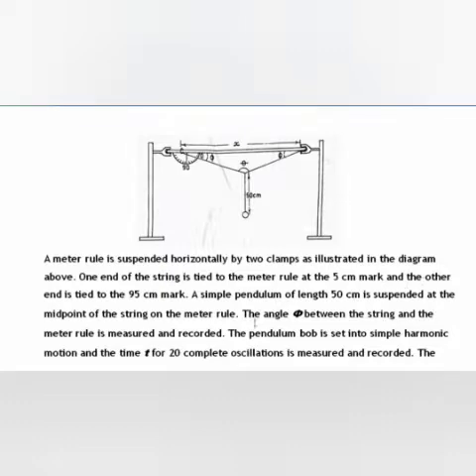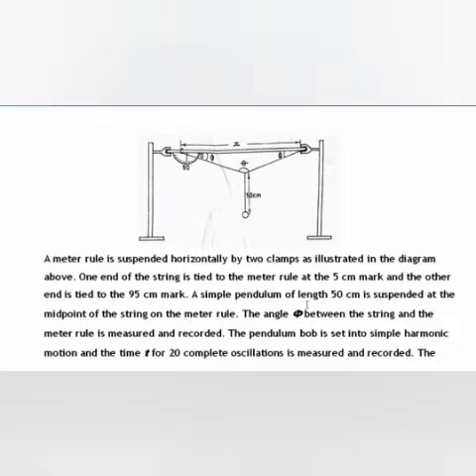And the other end is tied to the 95 cm mark. So you see the other end there. A simple pendulum of length 50 cm is suspended at the midpoint of the string on the meter rule.